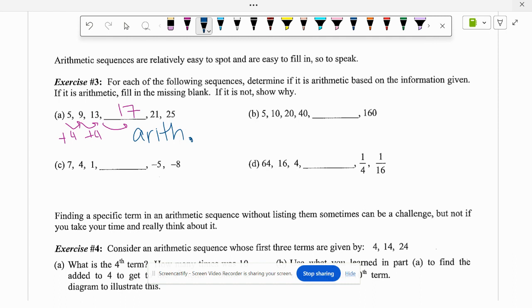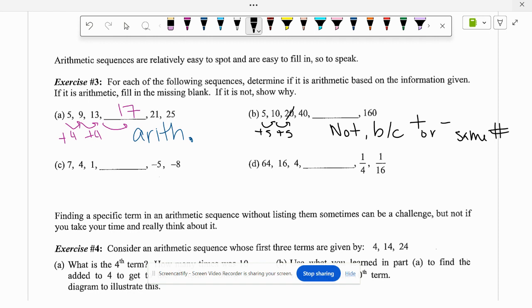If I look at my next term, remember, if it's arithmetic, we're only adding or subtracting something. Well, if I start off by adding 5, well, 10 plus 5 is what? 15, not 20. So is this one arithmetic? No, this is not, because we are not adding or subtracting the same number.